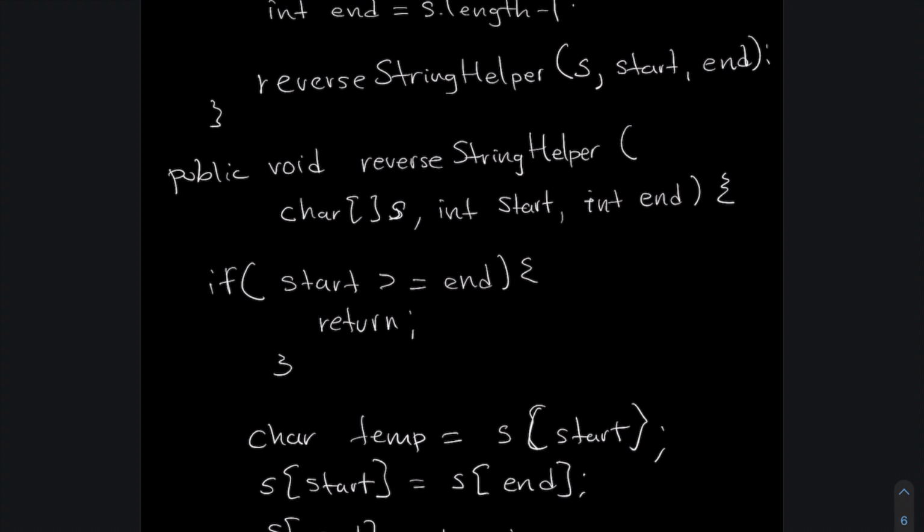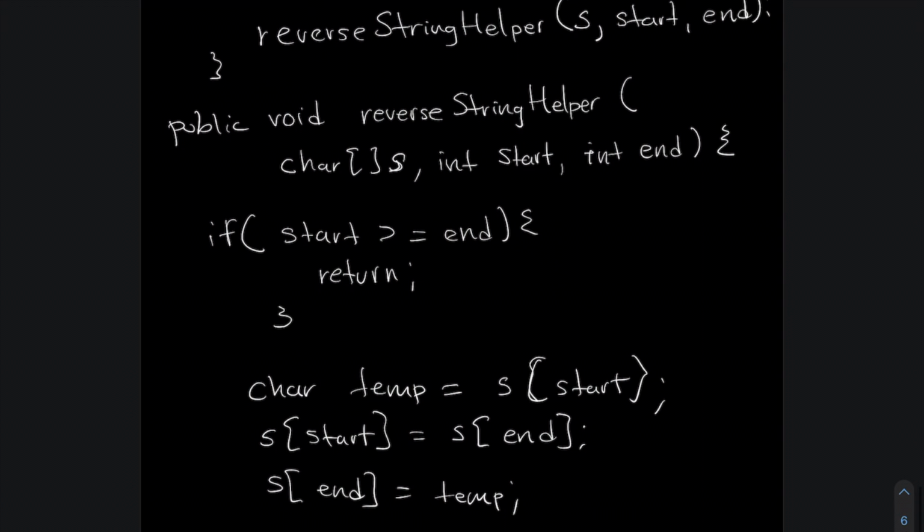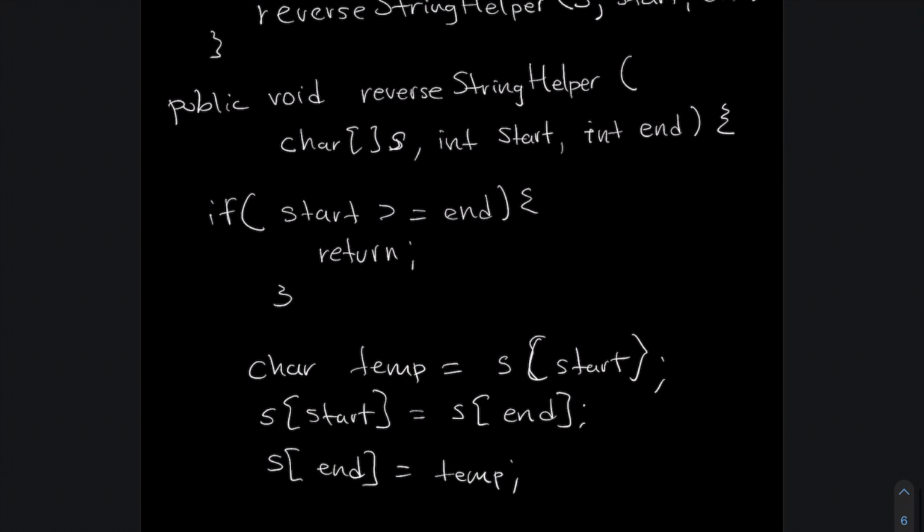The only difference is that instead of going back into the while loop and looping over again, we're going to be recursing, so we need to call reverseStringHelper again. We'll be passing in the char array, incrementing start like we did in the while loop, as well as decrementing our end pointer.